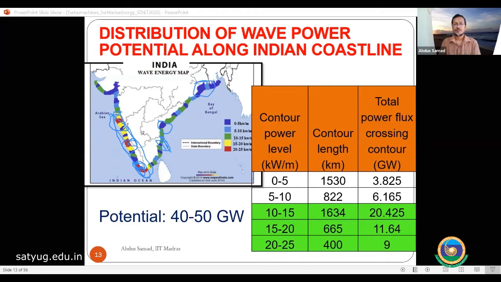There are options for wave energy harvesting. And this 40 gigawatts, what does it mean? It implies that a few of India's states can be powered from wave energy only. Tamil Nadu's power we can give only from wave energy, but there are some issues I will discuss.